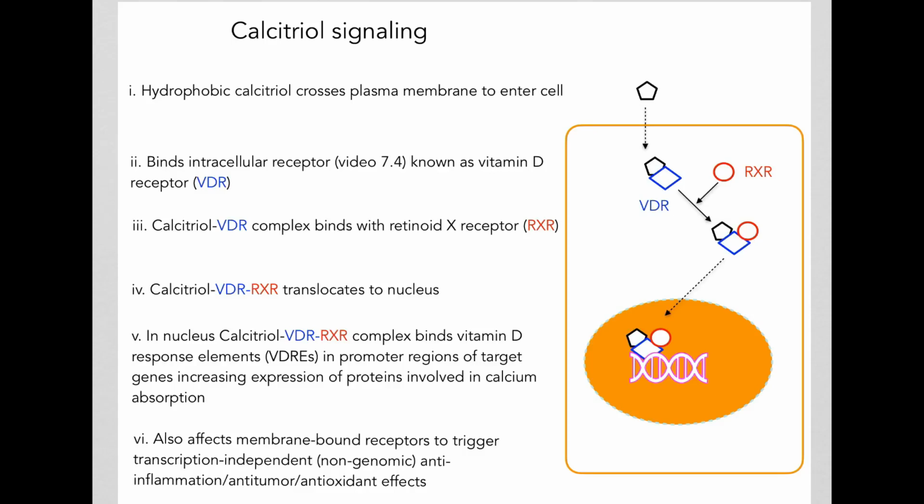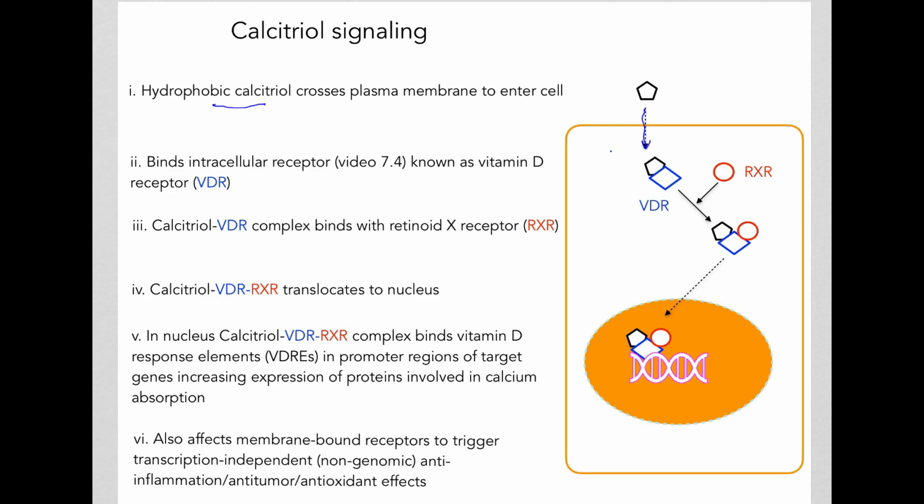Okay, so once calcitriol is formed, how does it go and affect its target cells? Now, calcitriol is hydrophobic, so it will cross the plasma membrane very easily and enter the cytoplasm of the target cell.